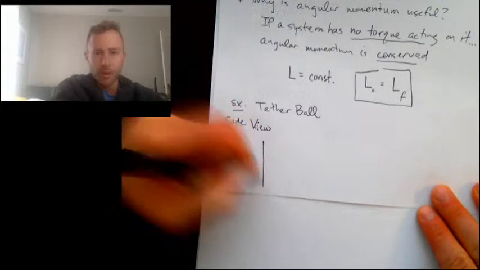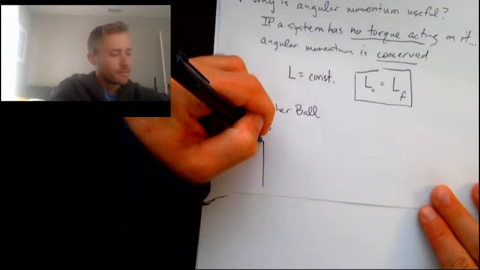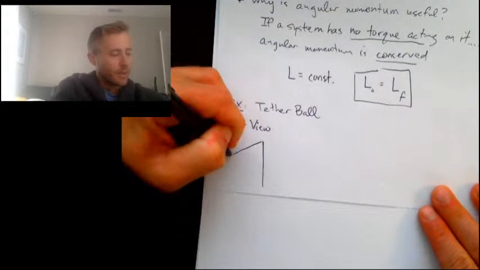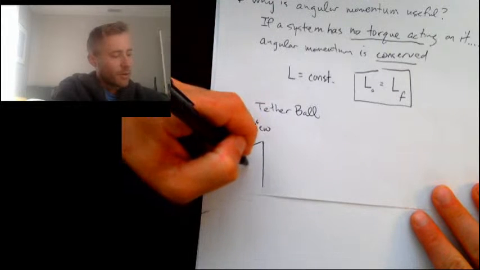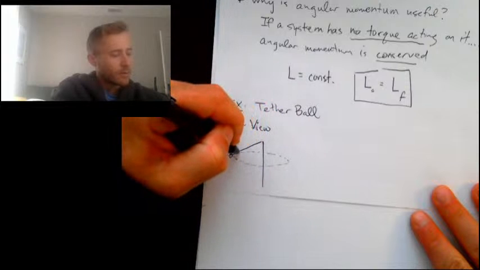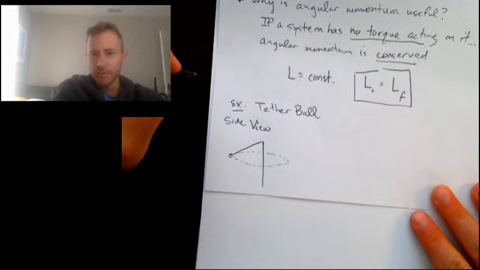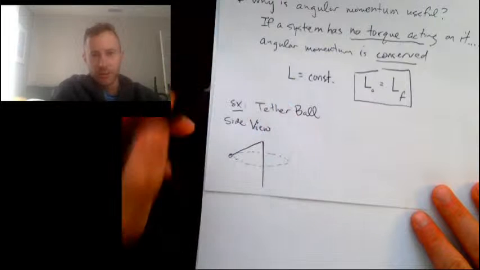So here's the tetherball pole, and here's the rope, and here's the tetherball, and it's going around like this. Okay, so it's going around in its circle.